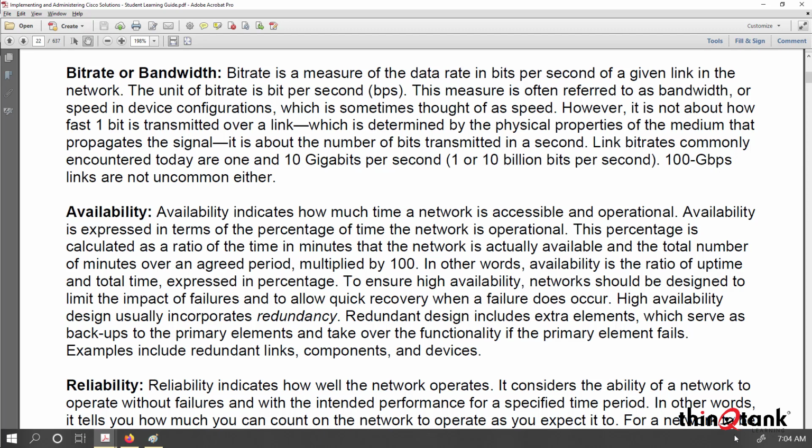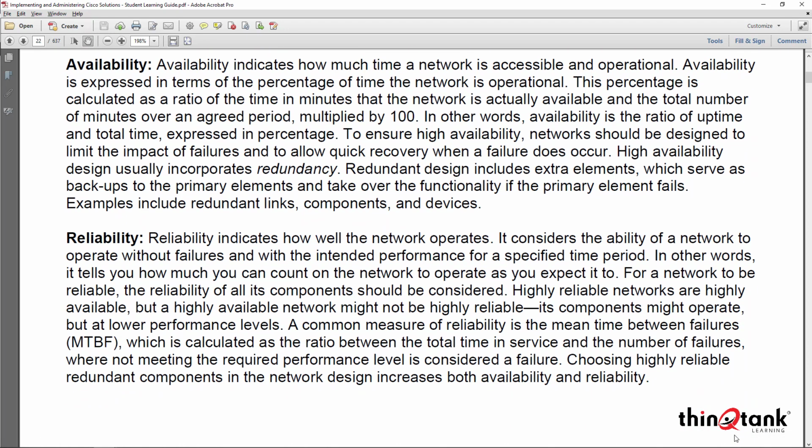Of course, another thing to think about is availability and reliability. Aren't those kind of related to each other? But what is the distinction? What is really the fundamental difference between availability and reliability? Just because something is available doesn't mean it's usable. Just because I can ping a server doesn't mean that the server is going to respond to an application, right?